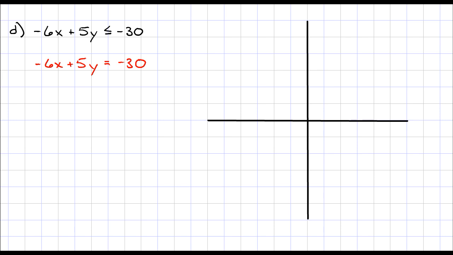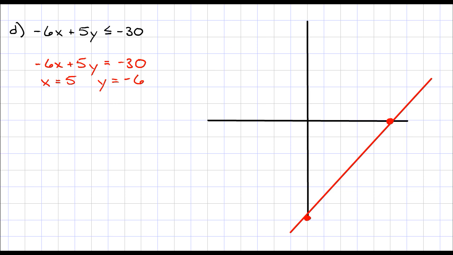And the resulting line would have an x-intercept of 5 and a y-intercept of negative 6. So I draw the line connecting those points. Okay, I missed a little bit, but that's close enough.